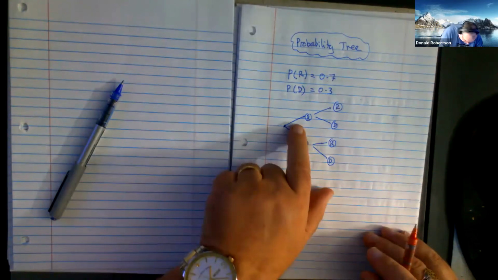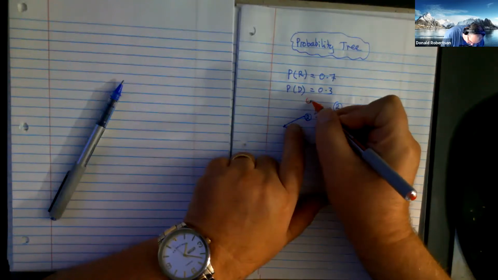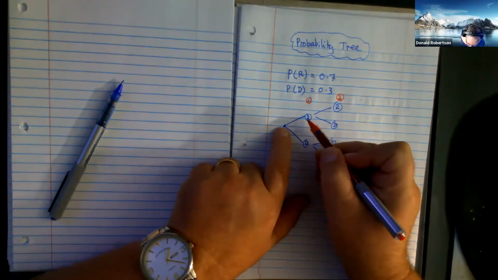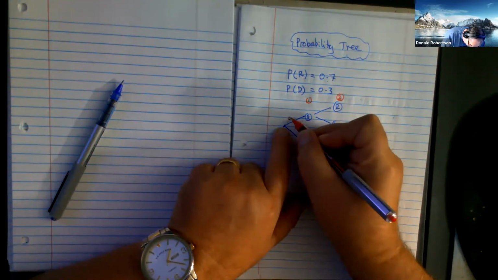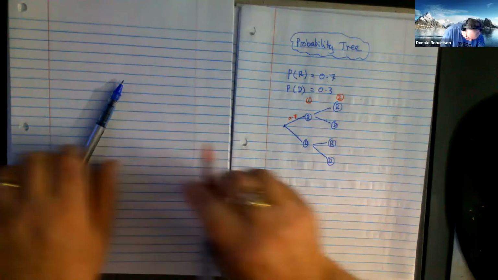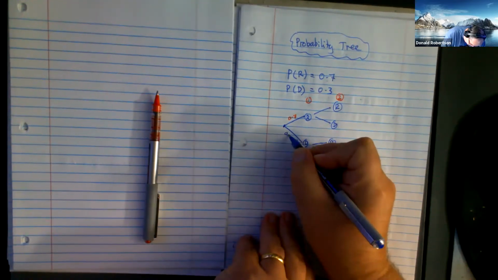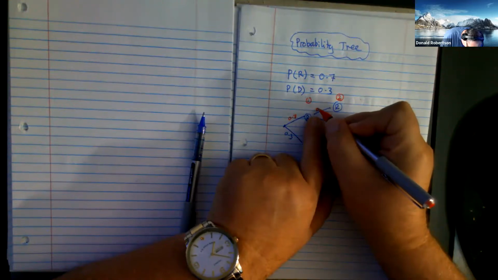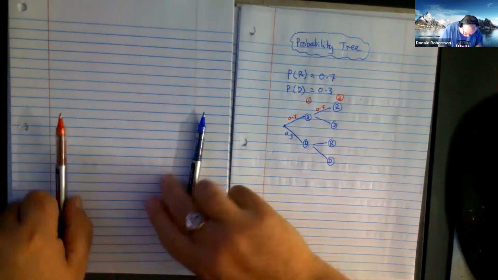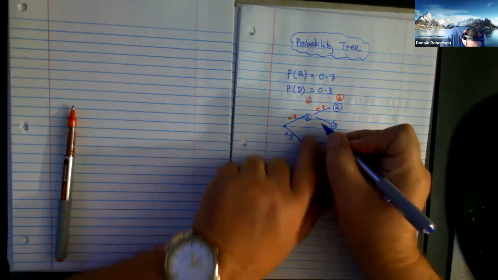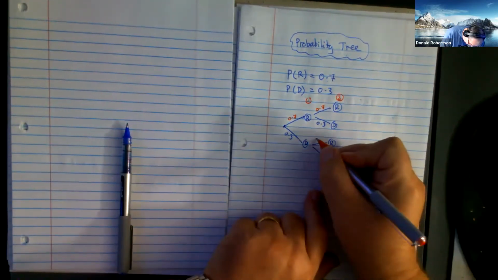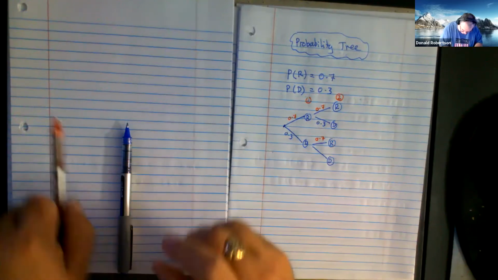Now, the way this works is, this is the first day, and this represents the second day. On the first day, the chances that it rains is 0.7 and the chances that it's dry is 0.3. On the second day, the chance that it rains is 0.7 and the chances that it's dry is 0.3. Have you noticed that it's always 0.7 and 0.3 in this story?